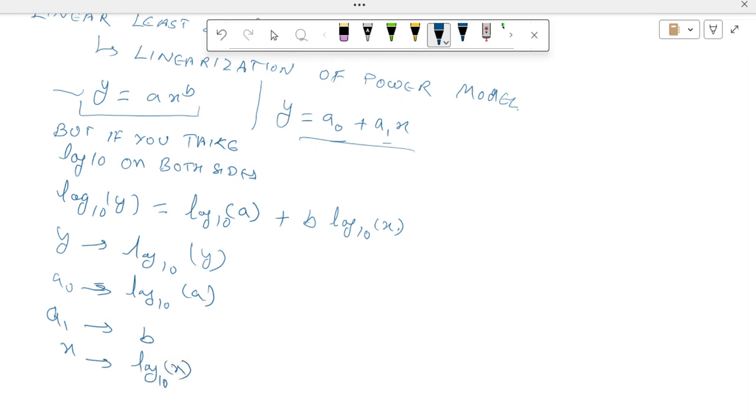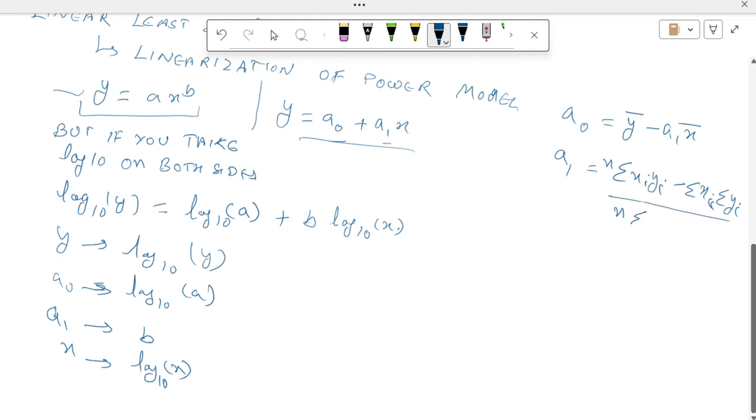So as you know, with your least square method, when you're trying to find your a naught, which is going to be equal to y bar minus a1 x bar, these are means, and a1, which is your slope, is going to be n sigma xi yi minus sigma xi sigma yi divided by n sigma xi squared minus sigma xi whole sum squared.